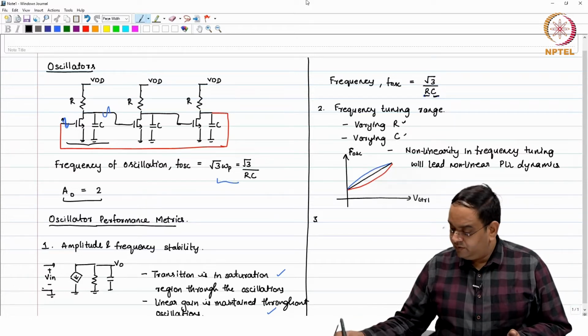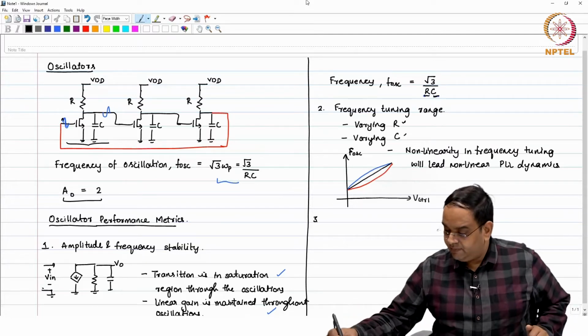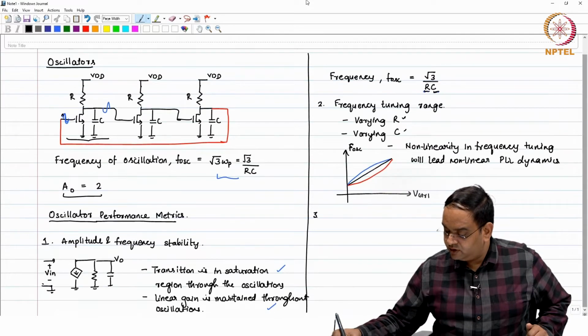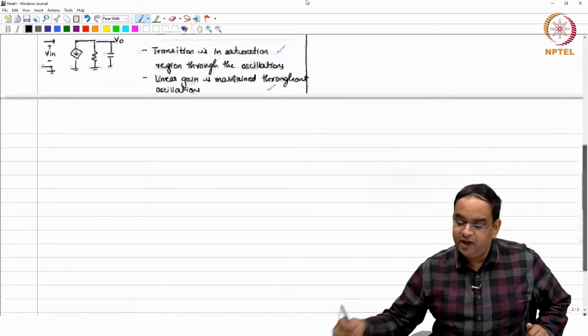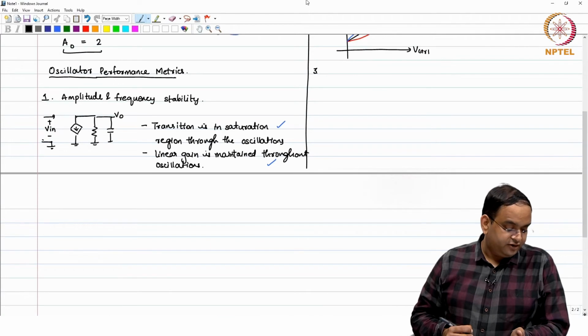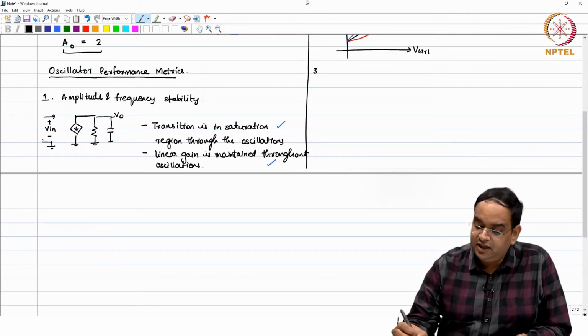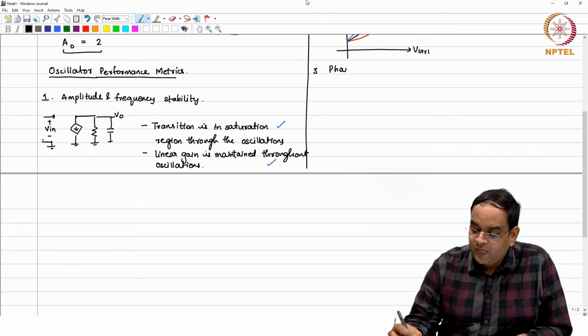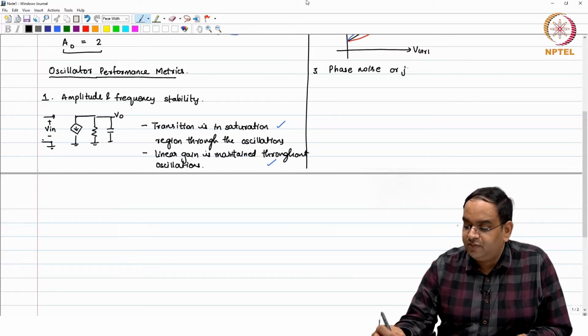The third thing which we would like to know, we will go about with this amplitude and frequency tuning about this particular oscillator, how we can do it in a while, but the other metrics which we are interested in is the phase noise or jitter performance for the oscillator.